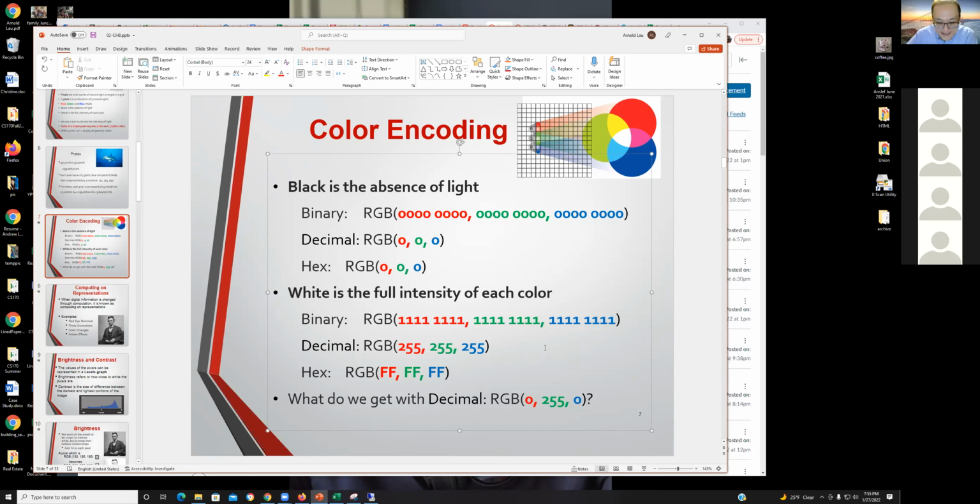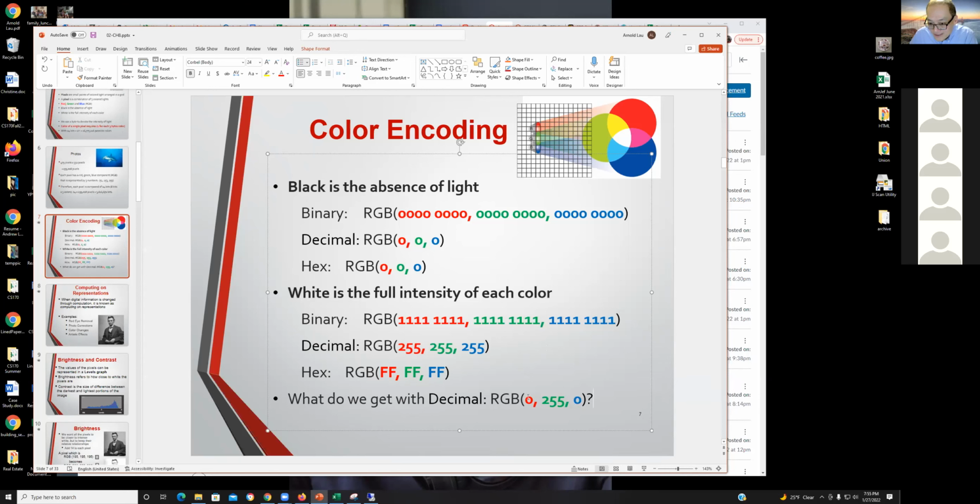Just think to yourself, what color would you expect that to be? I hope it seems obvious that it should be green, right? So that's what happens when you have this with 0, this with 0, and then this becomes green.